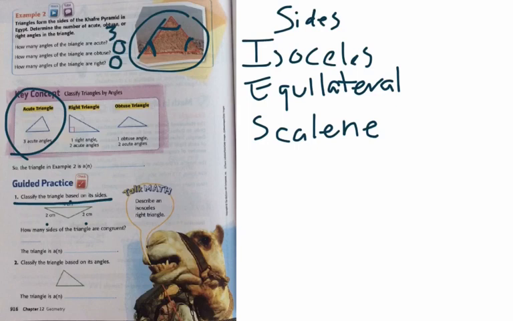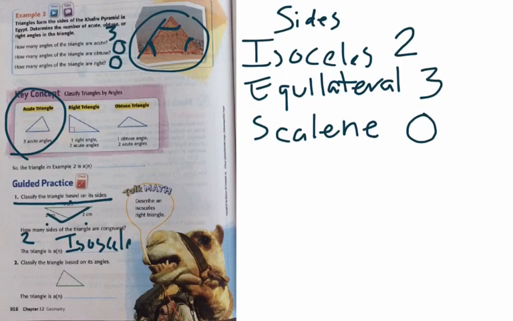And we know that isosceles means that they have 2 sides that are congruent. Equilateral is all 3 sides are congruent. And scalene is 0 sides are congruent. So this one has 2 sides that are congruent. So this is going to be an isosceles triangle. And I forgot a little s right there.